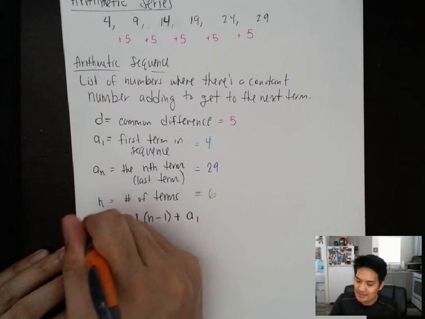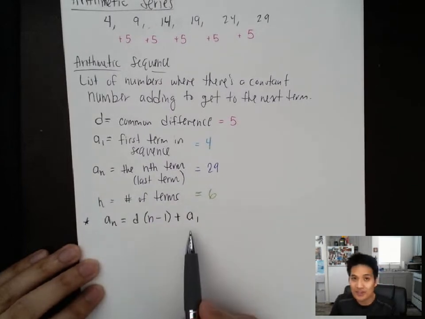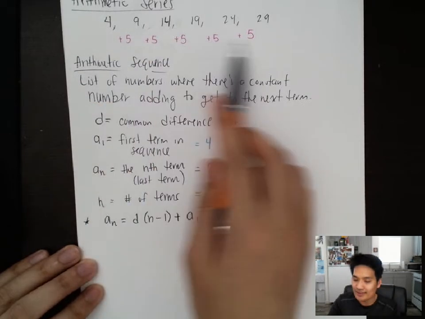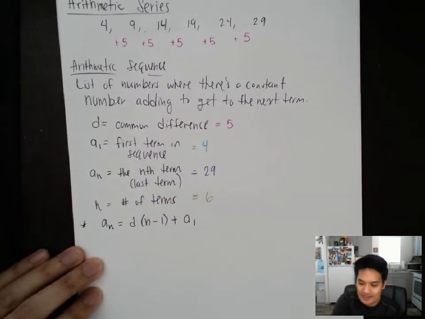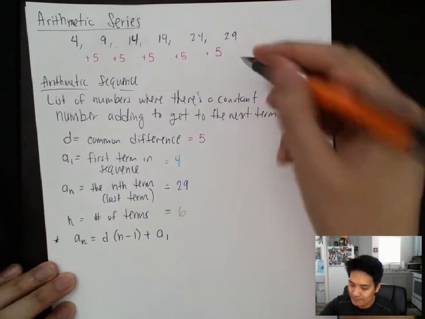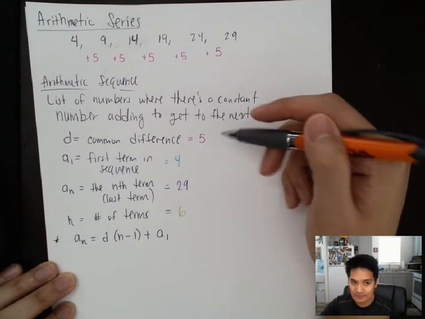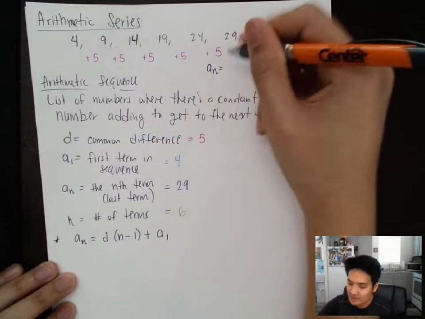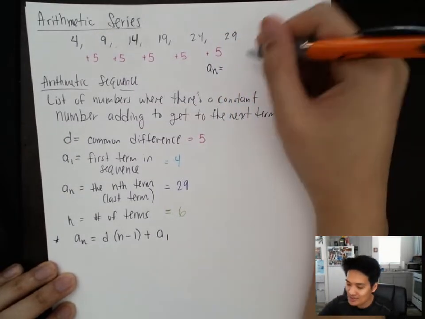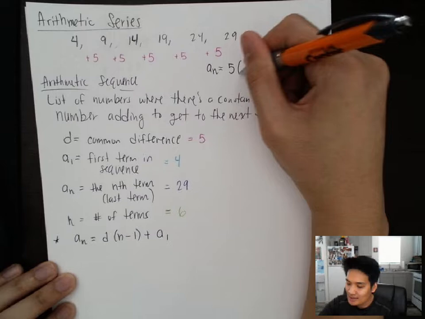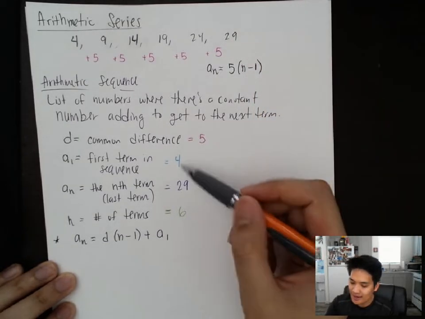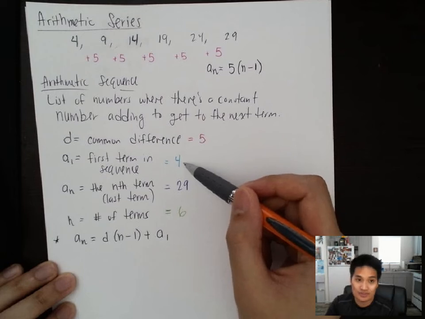This is how we get the equation of our sequence. D we said was 5, so starting with A sub n, 5 is our common difference, which is D, times (n minus 1), and then A sub 1, the first term, is 4.